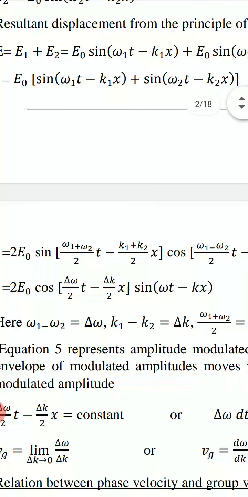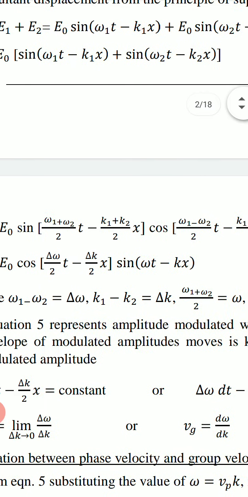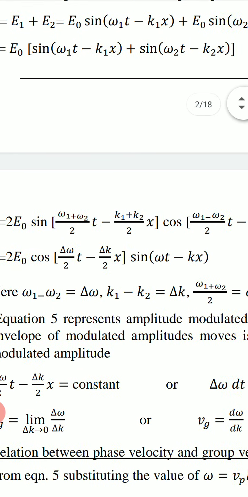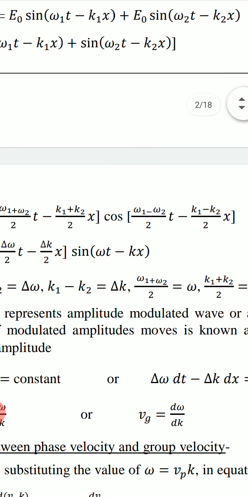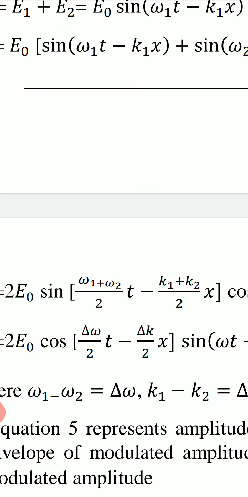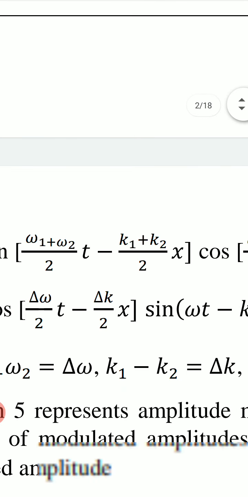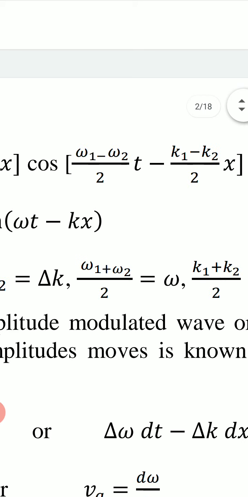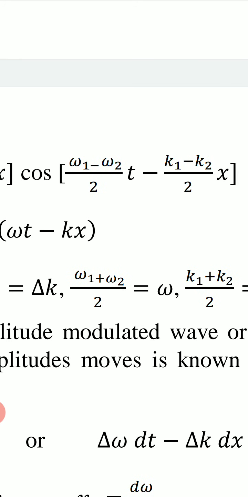Here we have used the formula of sin C plus sin D. Sin C plus sin D is 2 sin((C plus D)/2) cos((C minus D)/2). So sin of (C plus D)/2 gives sin of (omega 1 plus omega 2) t/2 minus (k1 plus k2) x/2, and (C minus D)/2 will give cos of (omega 1 minus omega 2) t/2 minus (k1 minus k2) x/2.